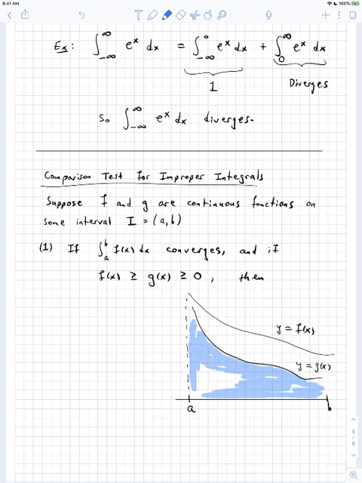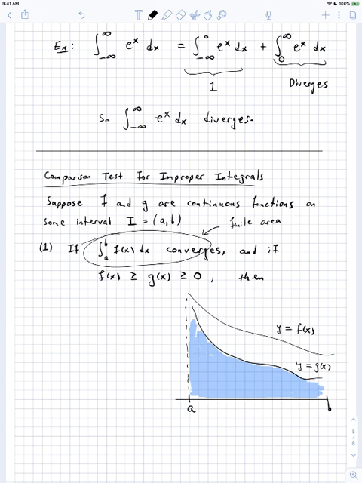This is the improper integral from a to b. And we can see that the area from a to b is smaller than the area underneath f. So if you know that the integral from a to b of f converges, that means it has a finite area.